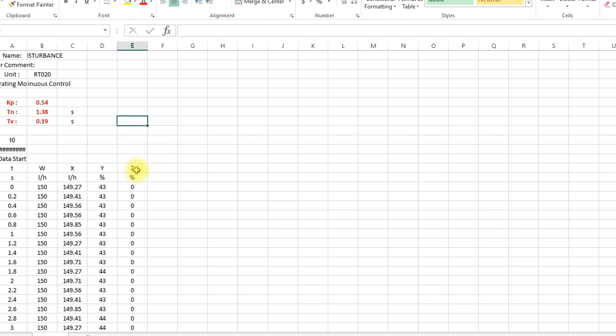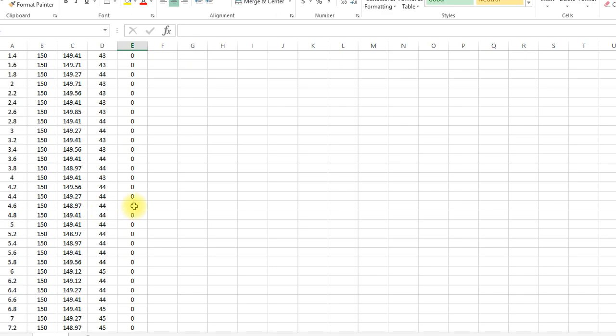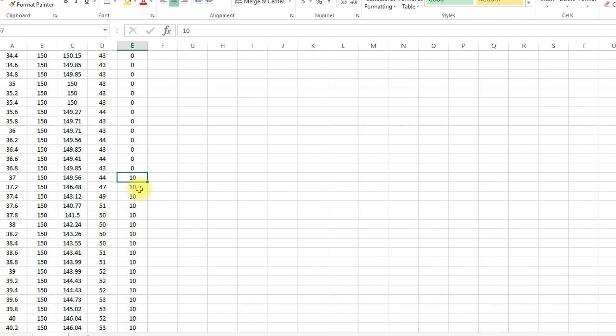So this Z is basically the disturbance in the system we can create by changing the value of Z. Right now it is 0, there is no change. Here we make it 10. So here you are trying to create a disturbance in the system, and now the value will change. The controller will act and try to reject this disturbance and bring it back to the set point.